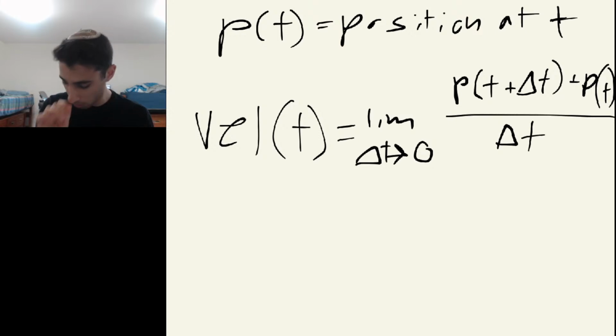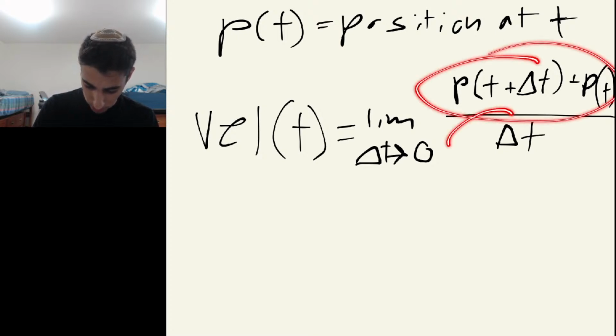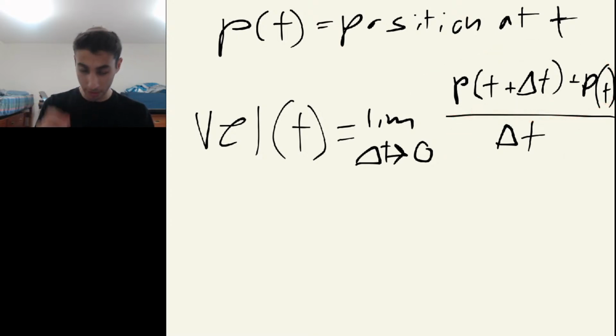You should notice this form as rise over run. That's basically what we're doing over here, this being the rise and this being the run. We're looking for a slope, but an instantaneous slope on a changing parabola type situation.